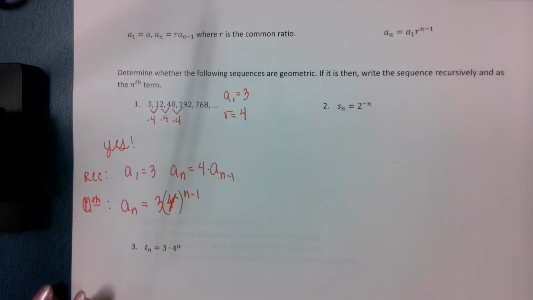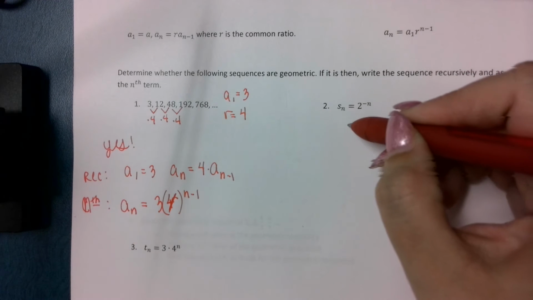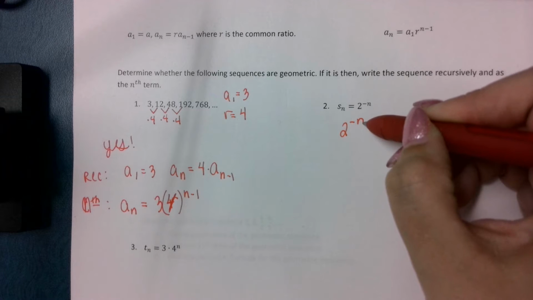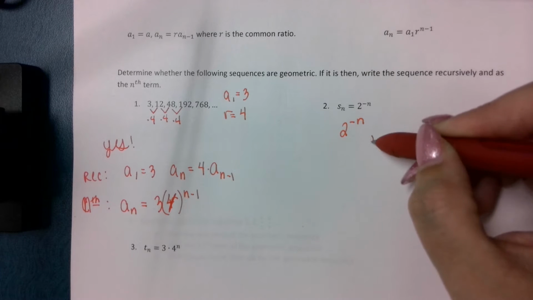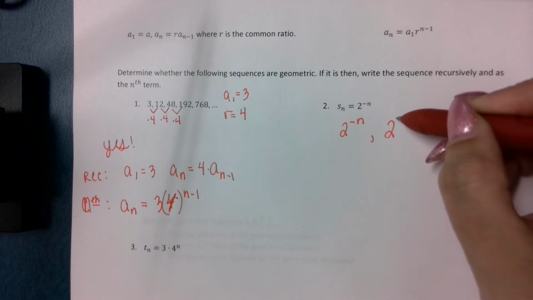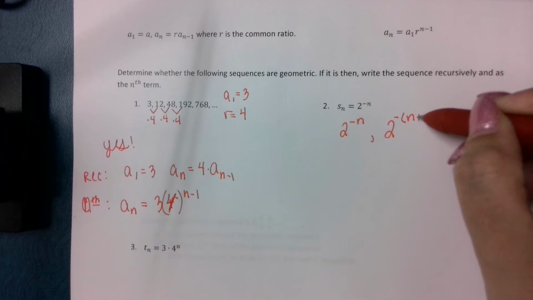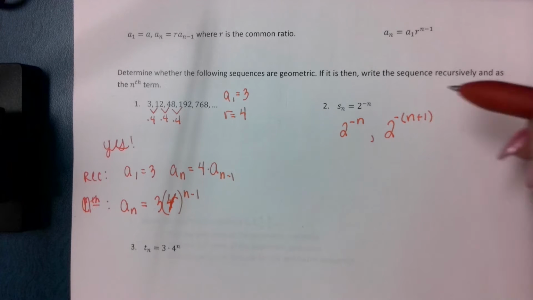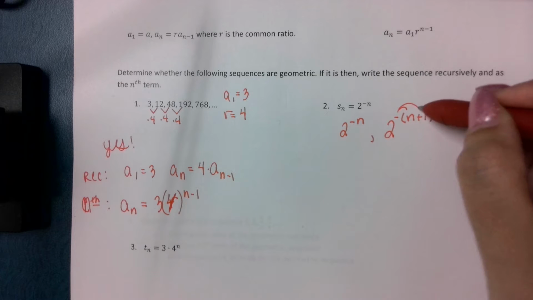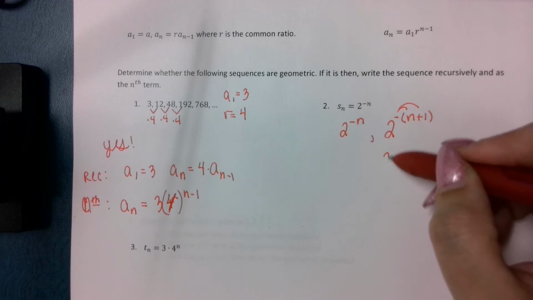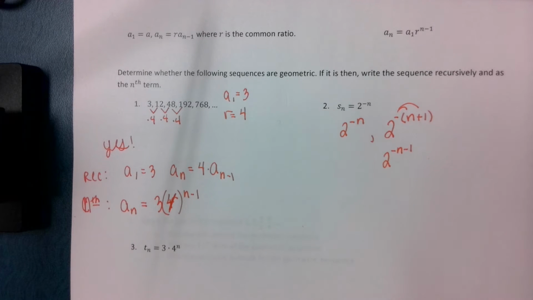So I need to see if I did the next term and I divided it, would I get a number or would I still have a variable? So our first term here is 2 to the negative n. The next term in our sequence would be 2 to the negative n plus 1, right? That would be the next term in the sequence, which if I distributed that would give us 2 to the negative n minus 1.